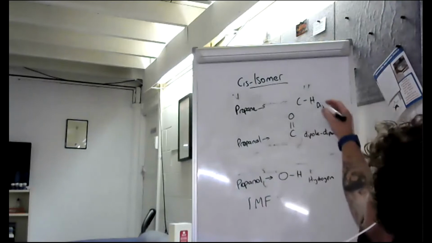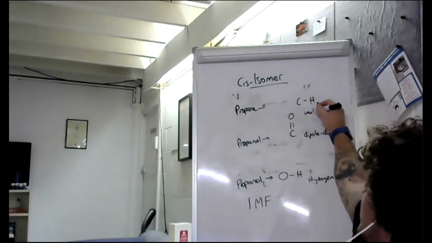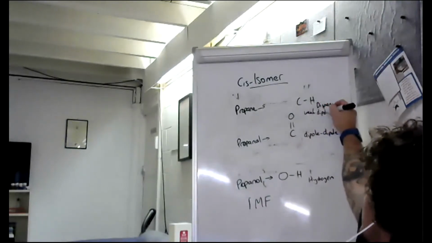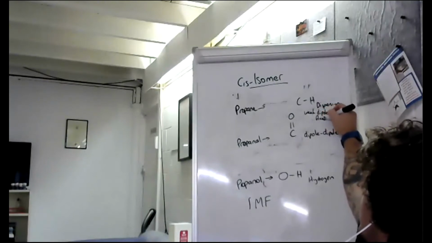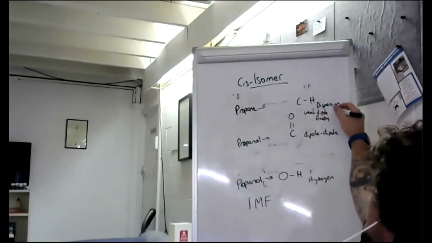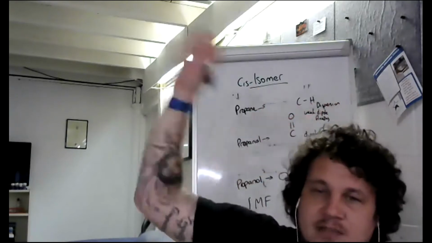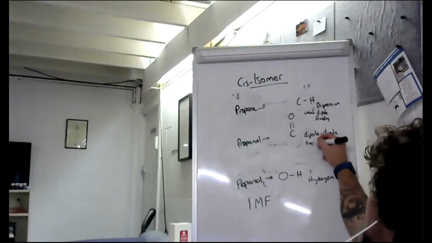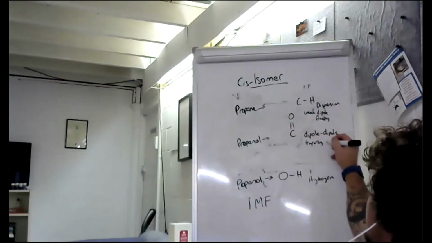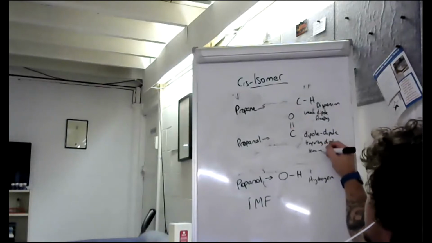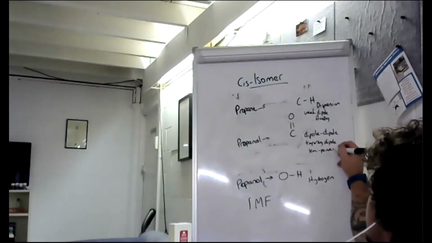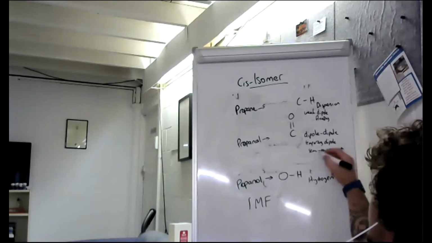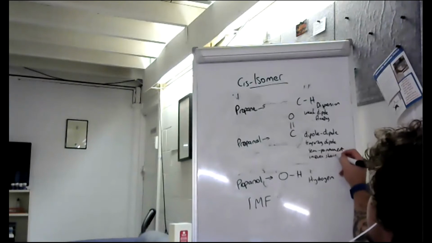So dispersion forces is a weak dipole. It's fleeting. That's why it has the lowest intermolecular forces. Here we have a temporary dipole, semi-permanent, uneven sharing of electrons.